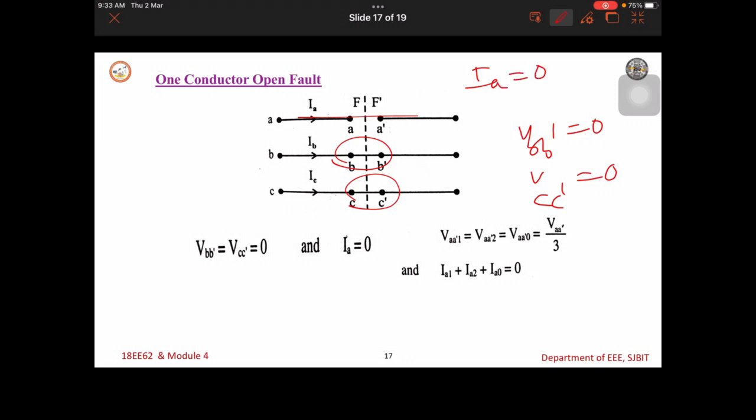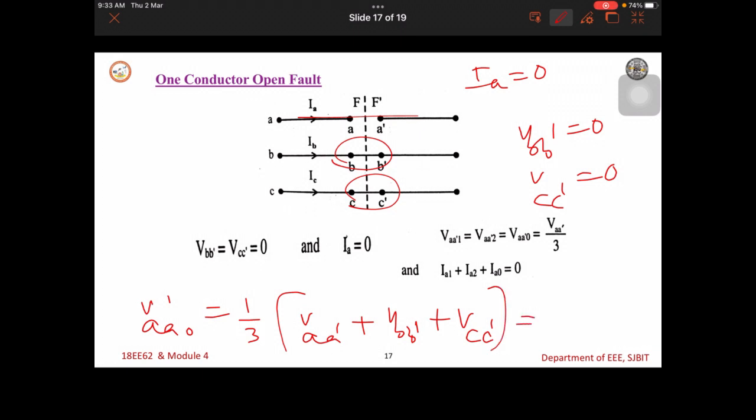So if you write the symmetrical component of voltages, like VAA0 dash, that is given by 1/3 of VAA dash plus VBB dash plus VCC dash, then if you write the final answer, these are zeros, therefore it is 1/3 of VAA dash.